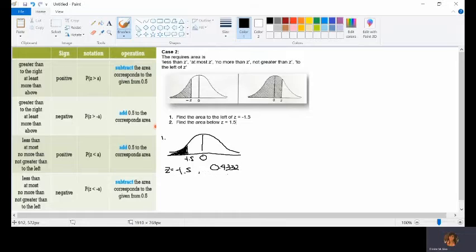is equal to 0.4332. Again, how do we get this? Because of the Z table.